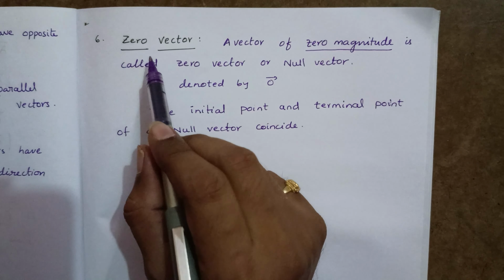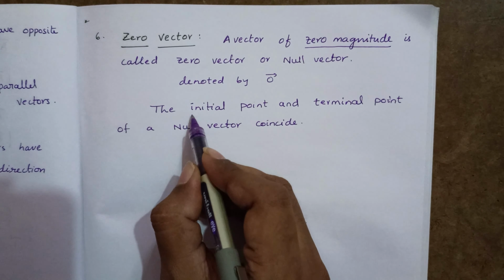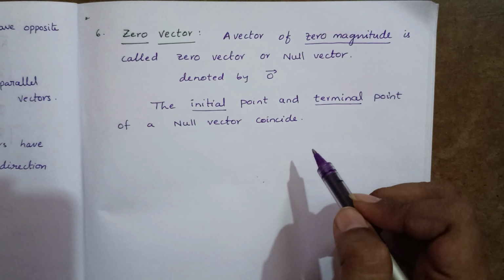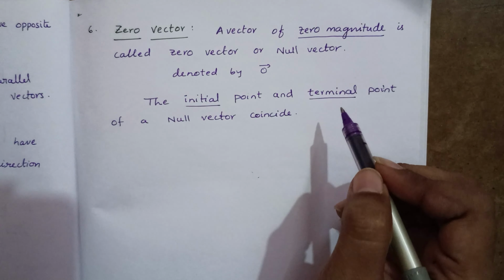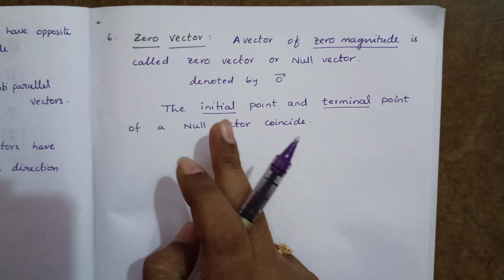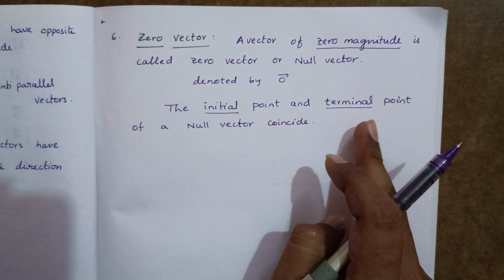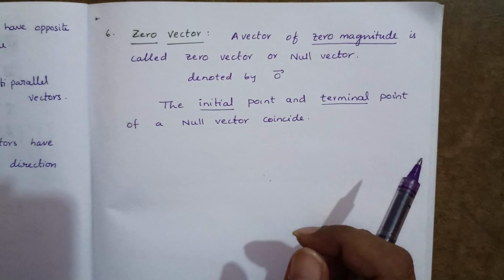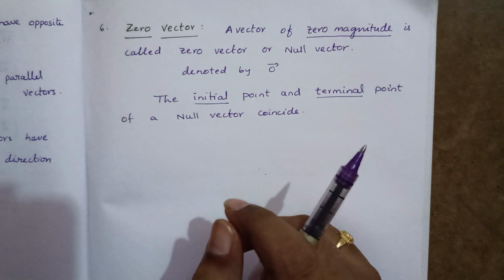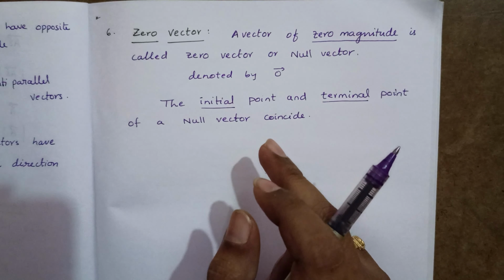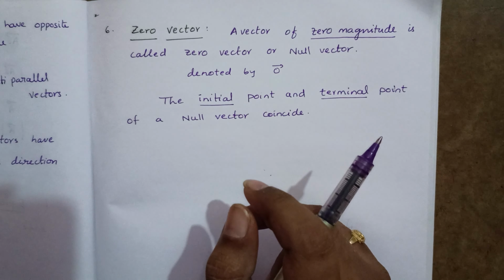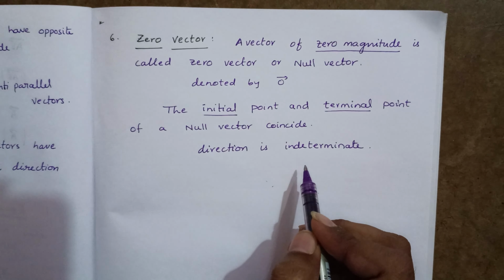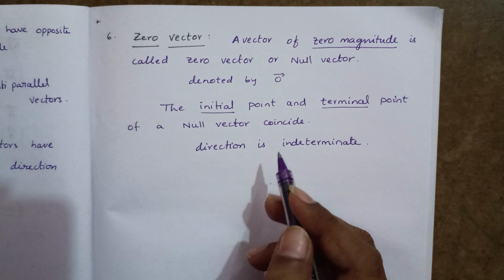For a zero vector, the initial point, meaning starting point, and terminal point, meaning ending point, both coincide. So the starting point and ending point are the same. Then what is its direction? The direction of a zero vector or null vector is indeterminate. We can't find its direction.